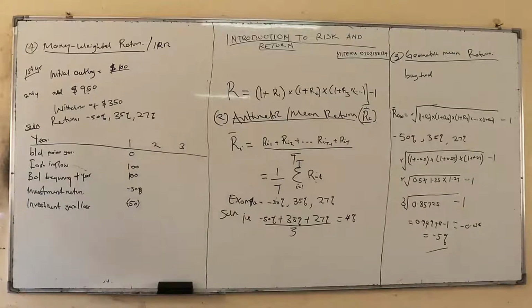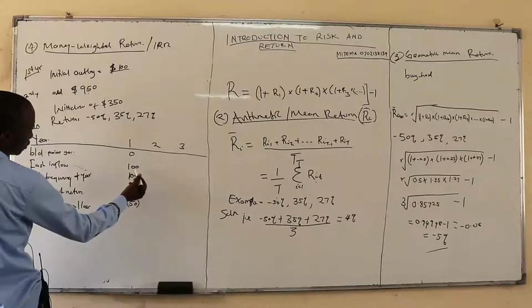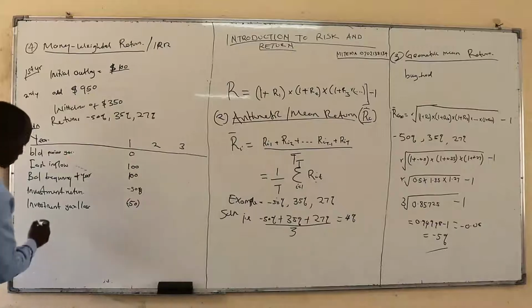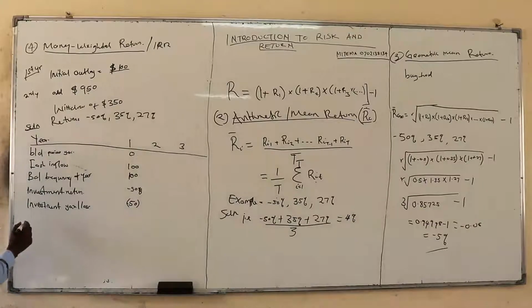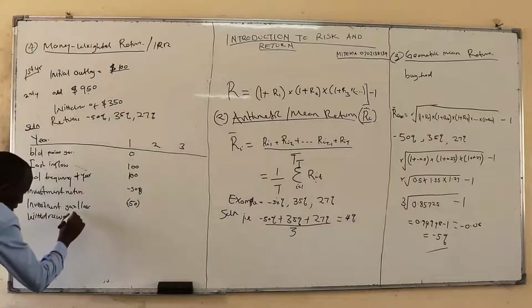So by the end of this first year, this person would have remained in his account with $50, because he had an initial investment of 100. So let us put another column here called withdrawal by investor.